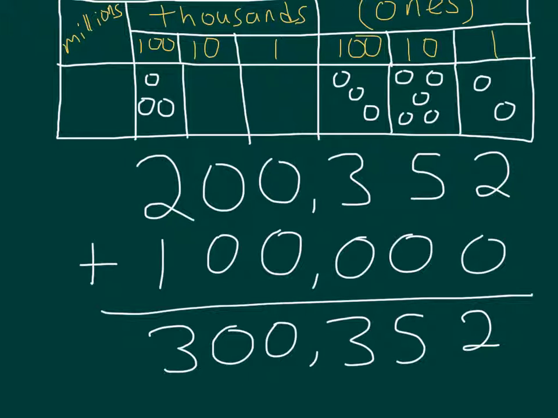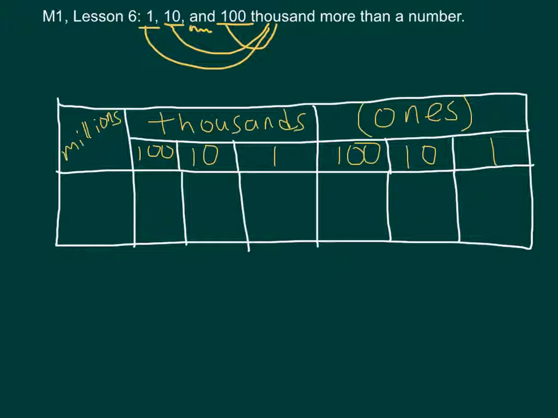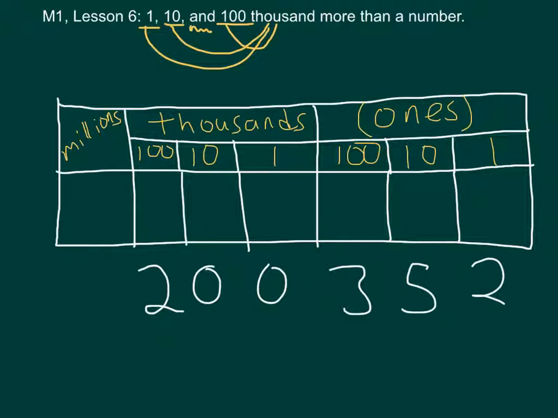The last thing we have to do is subtract 100,000. So once again, let's clear some space. All right, so we had 200,352. And this time, oh, I forgot my dots. Put the dots in there again. 2, 3, 5, and 2. And this time I want to take away 100,000. What is 100,000 less than a number?